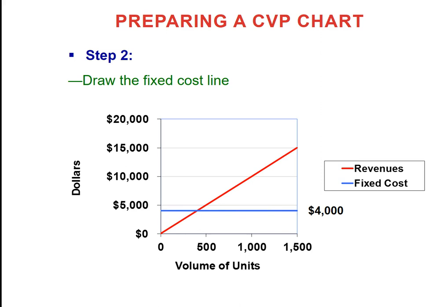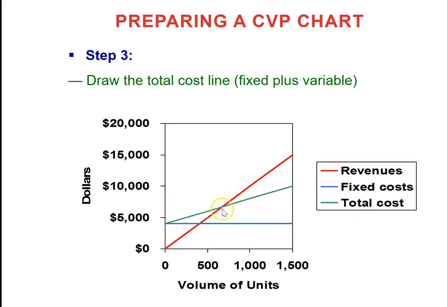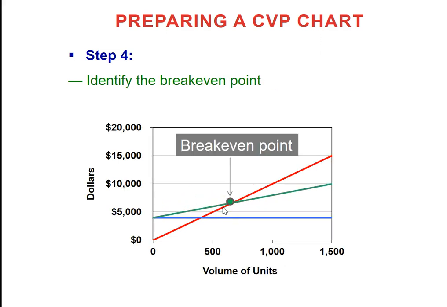Now, of course, you will have some variable cost, right? So if you add both your fixed and variable cost, this green line is showing your total cost. And interestingly, this red line, your revenue line, intersects with your green line at this point. And this intersection point is called break-even point.